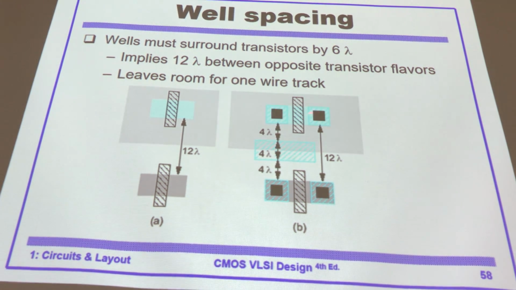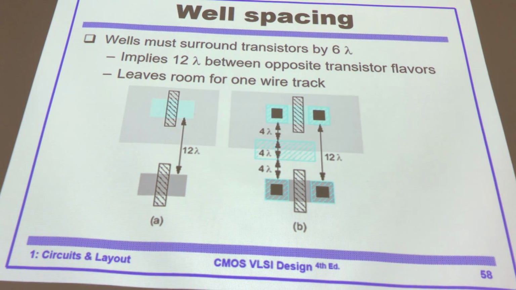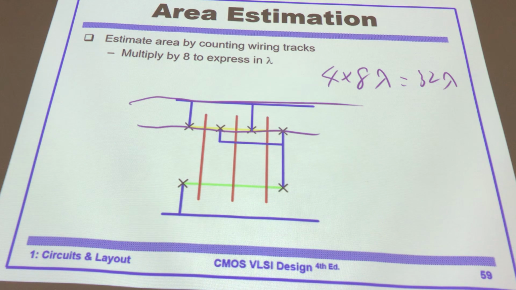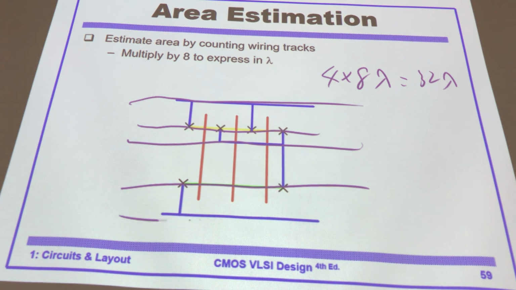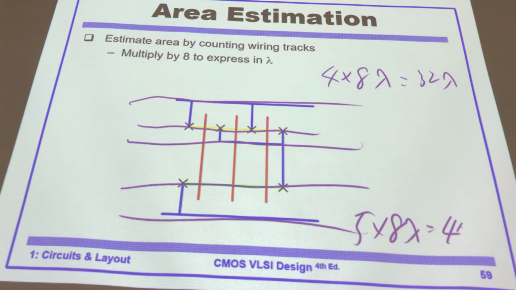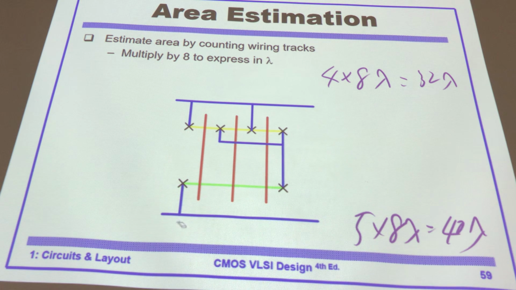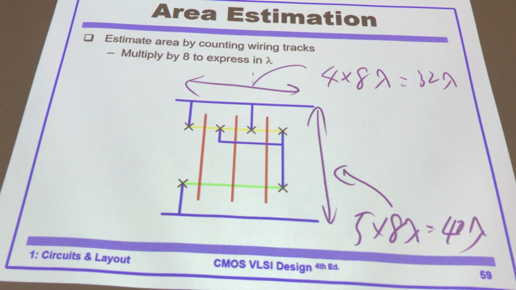Here's one track, okay, one track. And then what else? Here is another track, another track, another track. So totally 5 wiring tracks at 8 lambda. So that's 40 lambda for the height, and 32 lambda for the width, for this 3 input NAND gate.